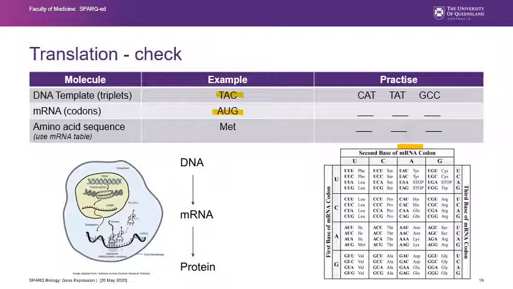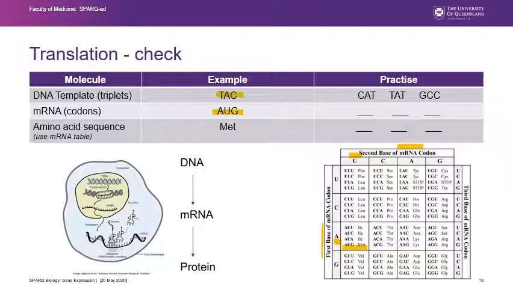Now it says it's going to be MET, so let's see where that comes from. So the first base is here, so it was an A, so I go to here. My second base was a U, so there's the second base, so I'm going to be here, and if I go down I can see AUG gives me the amino acid MET.